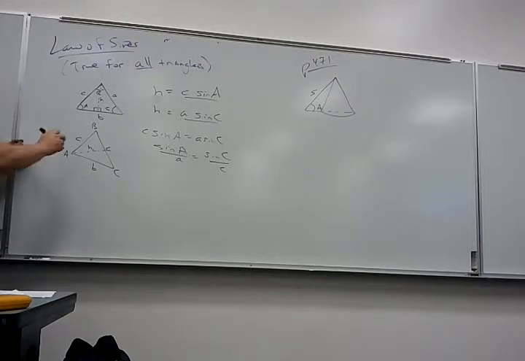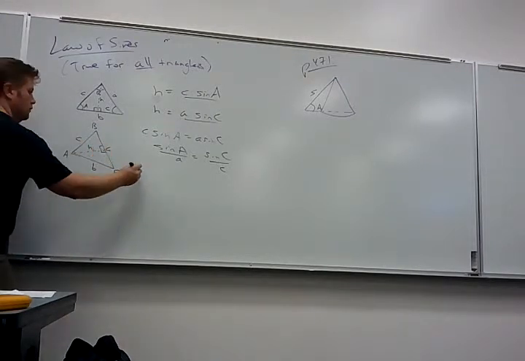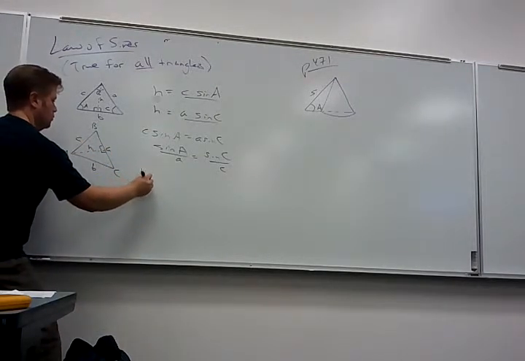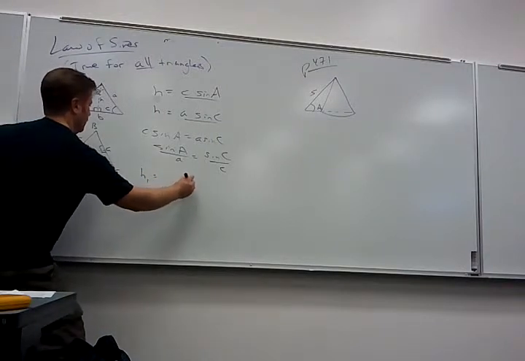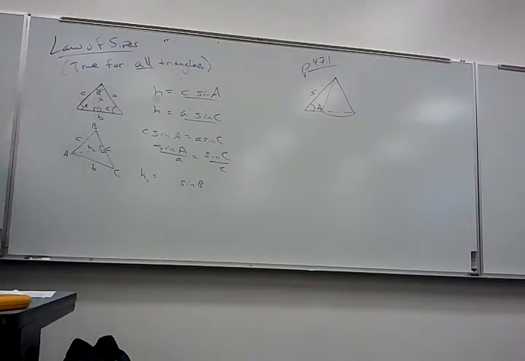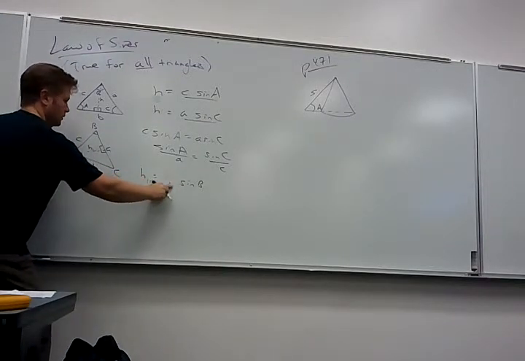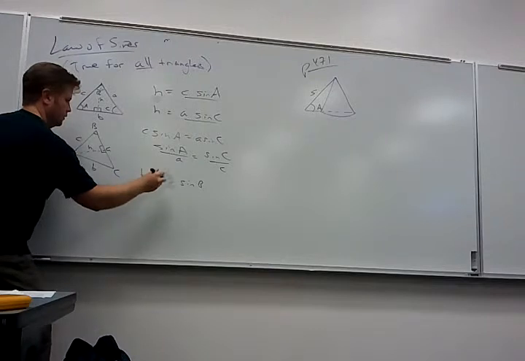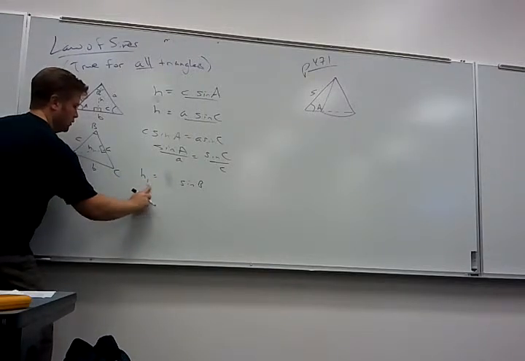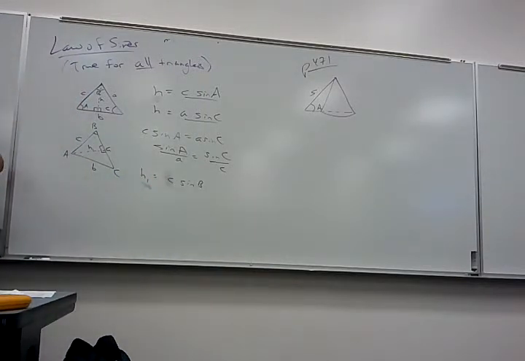Then H1, what would sine of B be? Sine of B would be H1 over C. So H1 equals C sine B. Is that cool? Okay, so far so good.